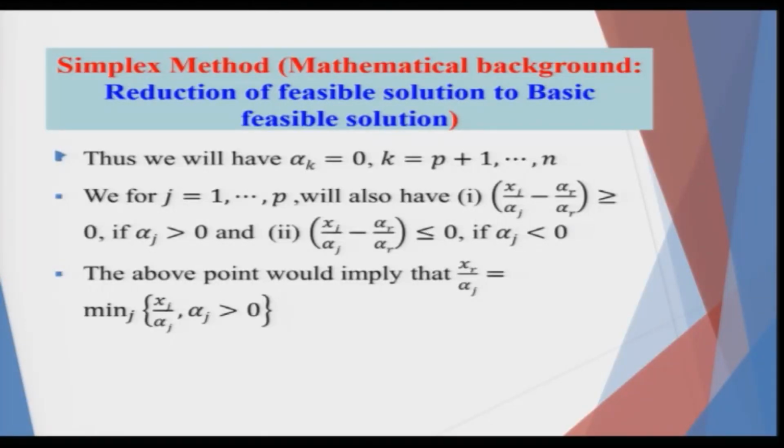Now, as you complete the same operation step by step, you will look at the value. The question would be, when I have obtained the basic feasible solution, what next? You will take that value.